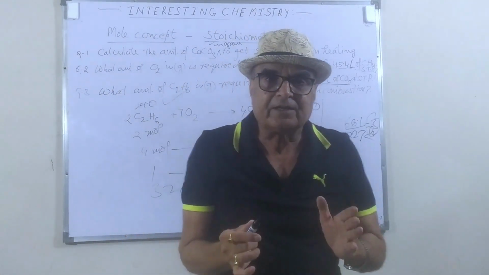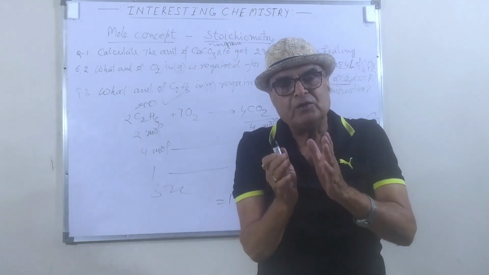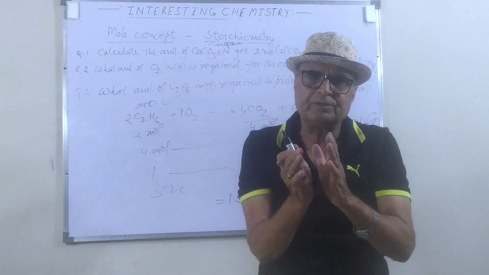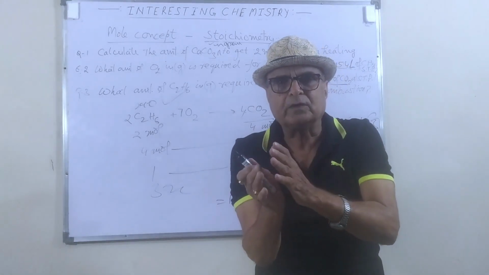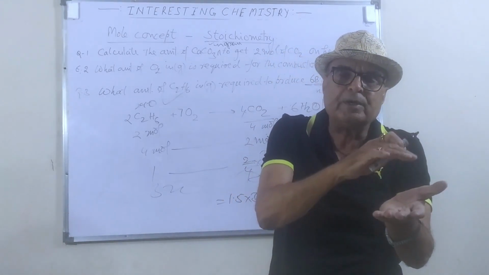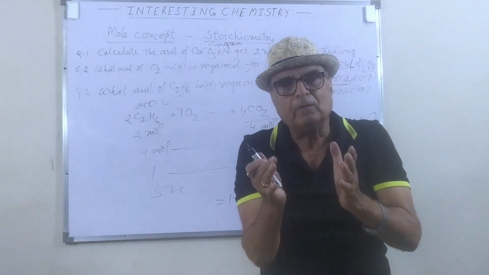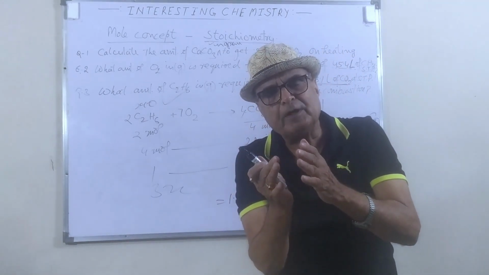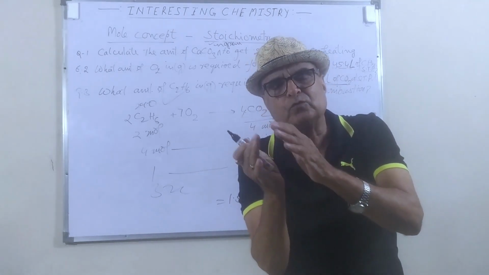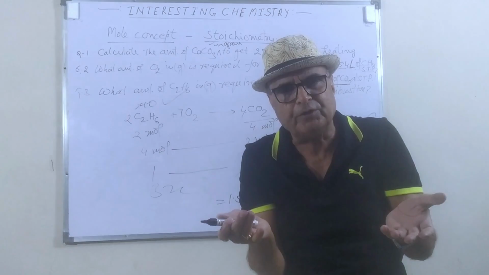Here the main thing is that you should know about the conversion of units: mole into gram, gram into mole, mole into volume and volume into mole. All this I have explained in my previous video. I have given all the formulas for the conversion of these units.